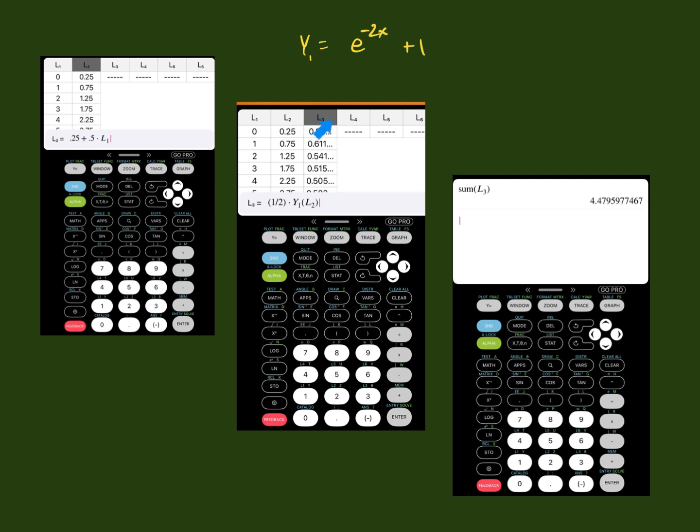And then we could hit list 3, enter, and enter that it's the area of each rectangle. Each rectangle's width was a half. Each rectangle's height is this function entered in y1, so y1, using these midpoint x values as the input. And then when you add up list 3, this was another way to do the same problem. Choice B.